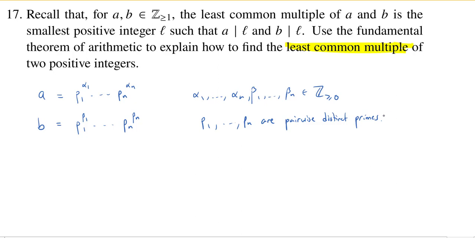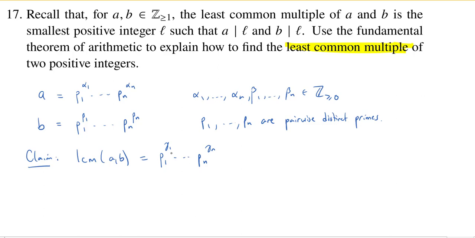Okay, now I claim that the least common multiple of a and b can also be written as a product of these primes raised to powers, and I'll call these powers gamma 1 through gamma n.